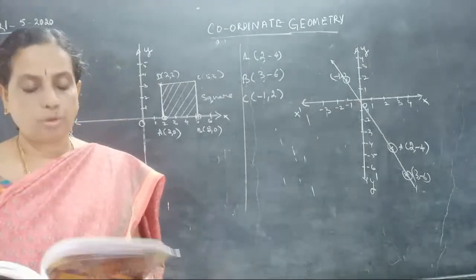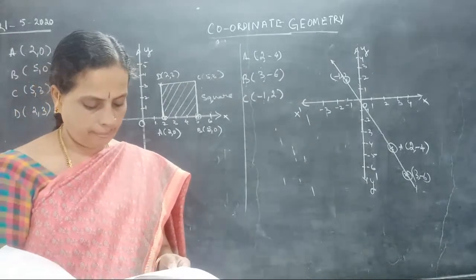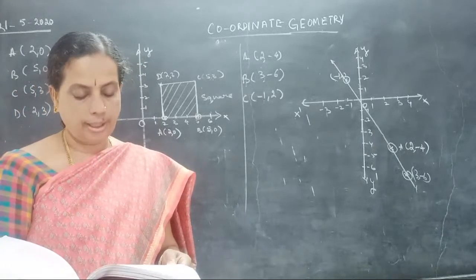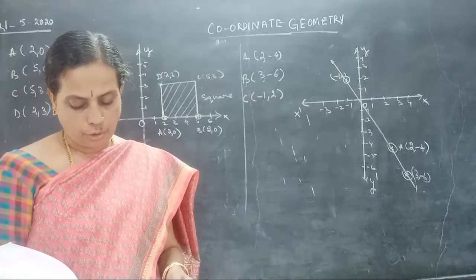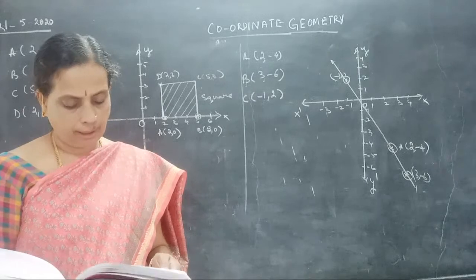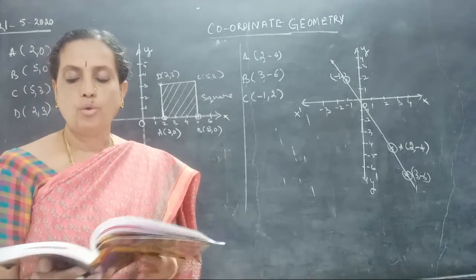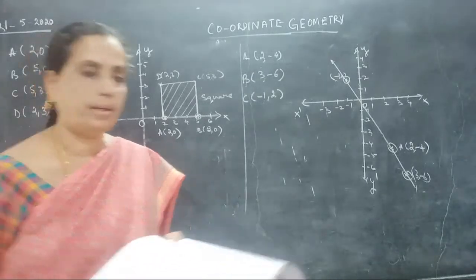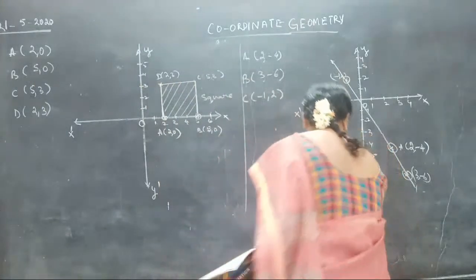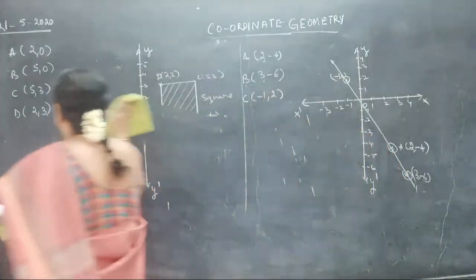I'll move on to the next question. Plot the points in a Cartesian plane, join them and name the type of the triangle so formed, is the question. That means I'll give the points to be plotted.